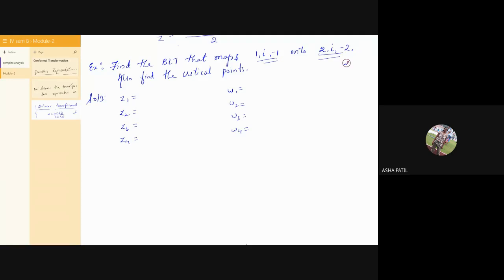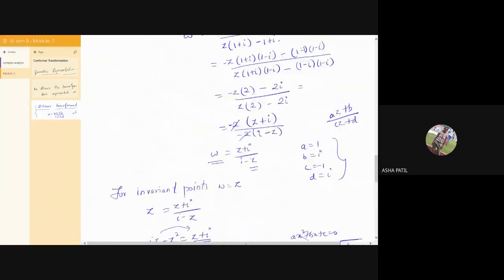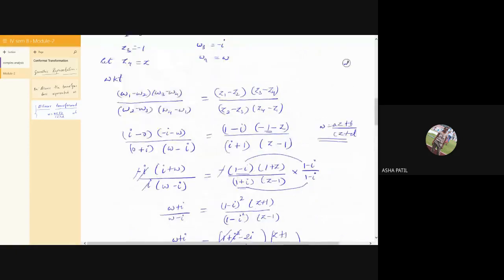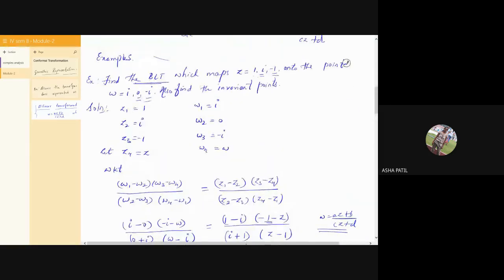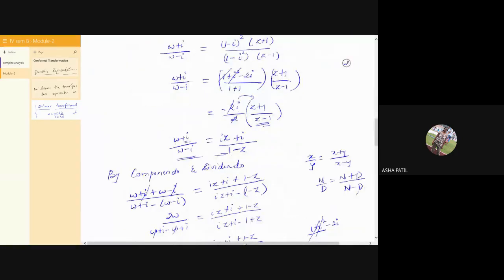Usually Z points map onto the W points. Z points mapping onto W points will be given.